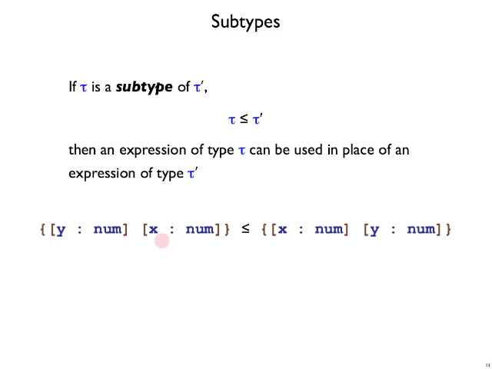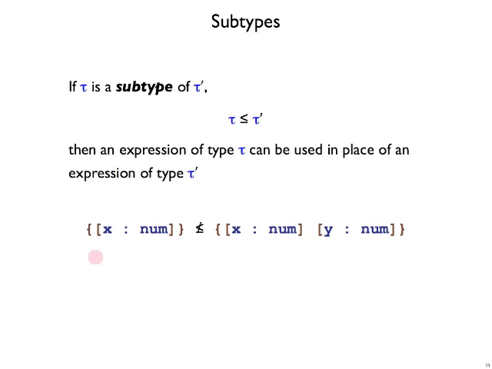And we can use this to allow the order to change. We can say that a record with y and x fields is a subtype of x and y fields. And we can also say that a record with field x is a subtype of that same type, a record with x of type num. On the other hand, if we have just a record where all we know is it has a field x, we cannot use that where we need a record that has at least x and y fields.